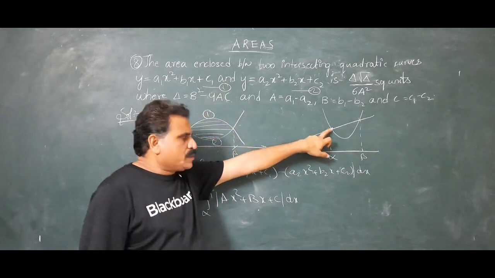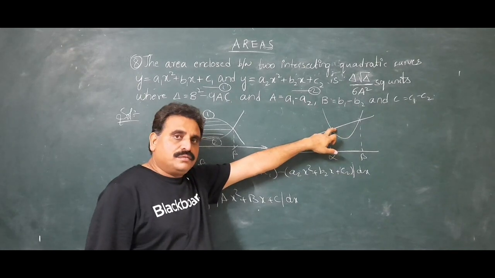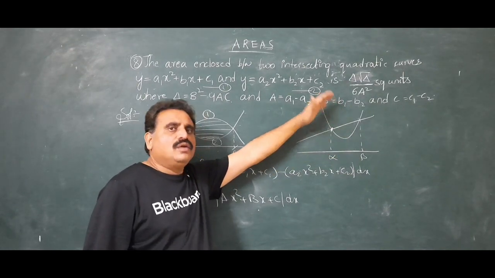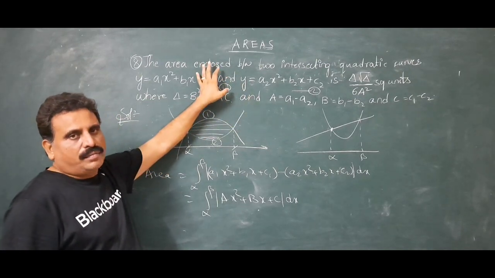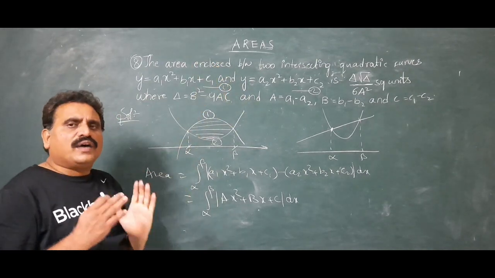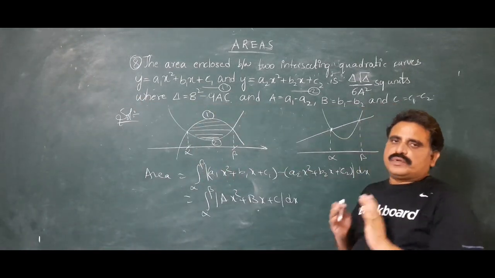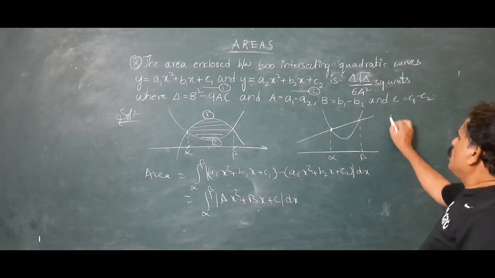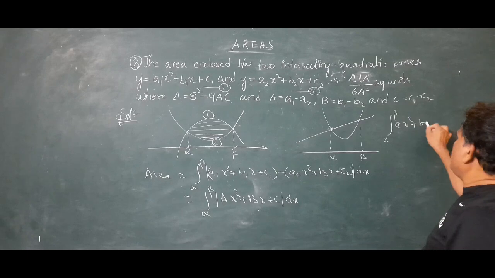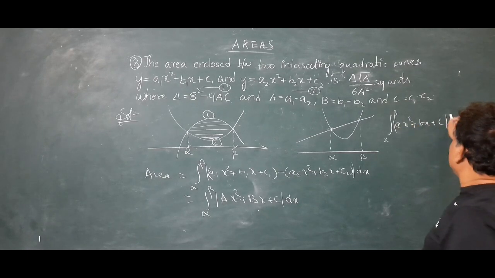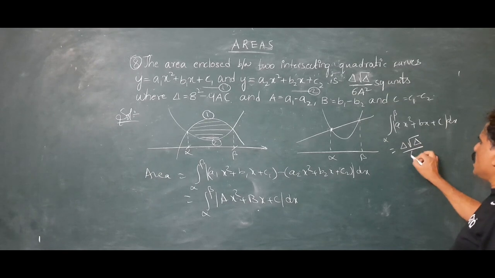If a quadratic expression and a line, or a parabola and a line, are given, we can use this formula, that is delta root delta by 6a square. So if alpha and beta are the roots of the quadratic equation ax square plus bx plus c equal to 0, then this value is equal to delta root delta by 6a square.